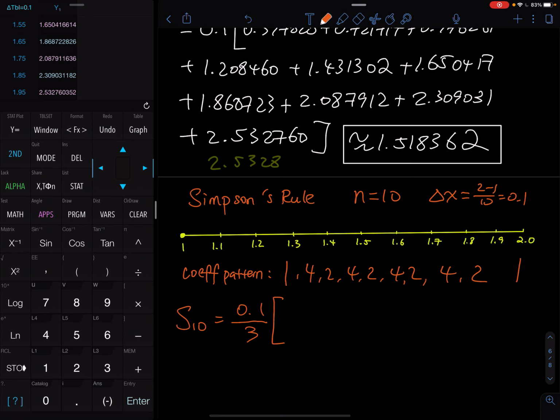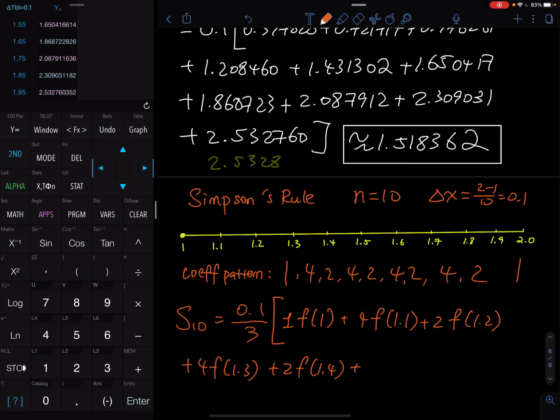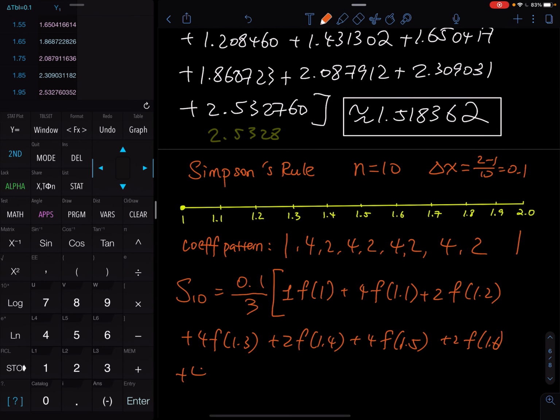So we have to multiply 1 times f of 1, right? And then 4 times f of 1.1. And then 2 times f of 1.2. And then 4 times f of 1.3. And then 2, 1.4, 4, 1.5, and then 2, 1.6, and then 4, 1.7, and then 2, 1.8, and then 4, 1.9.